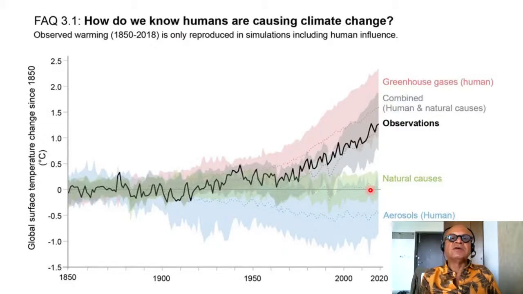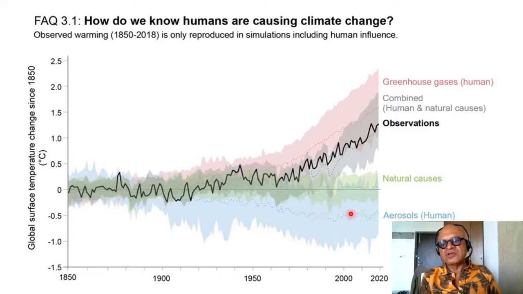So in terms of attribution, we have already asked this question: how do we know humans are causing climate change? We have used the models to separate the contributions of different forcings. So greenhouse gases, combined human and natural causes here, natural causes in the model. We can take out volcanic forcings, aerosol forcings, greenhouse gas forcings, and so on.